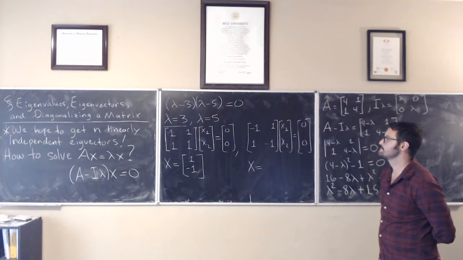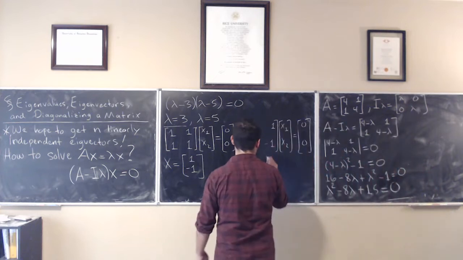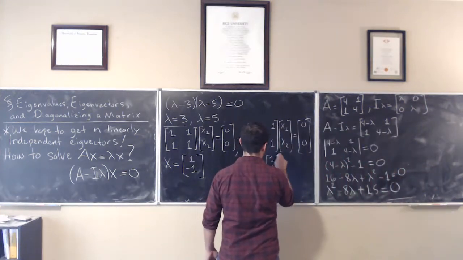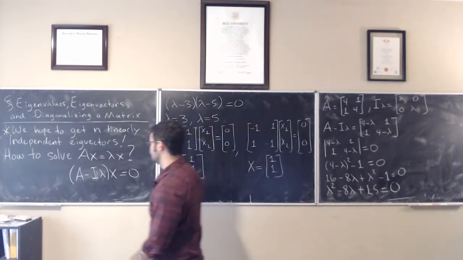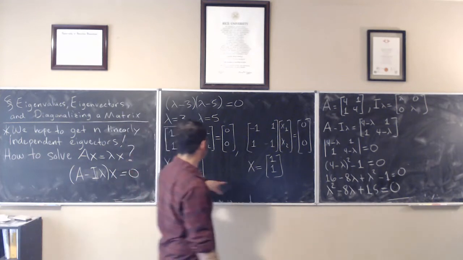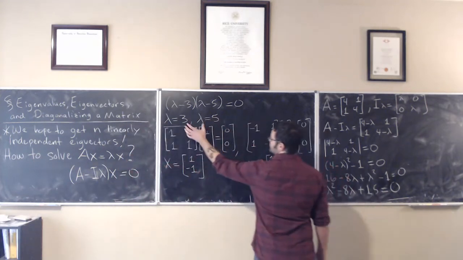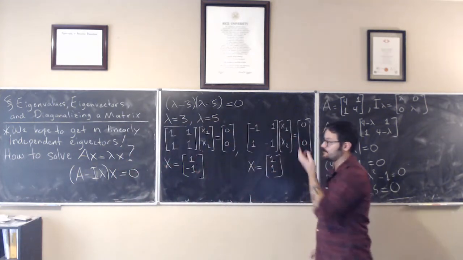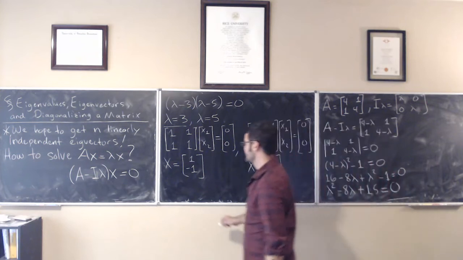One and one. Yeah. One and one. So these are eigenvectors corresponding to these eigenvalues.